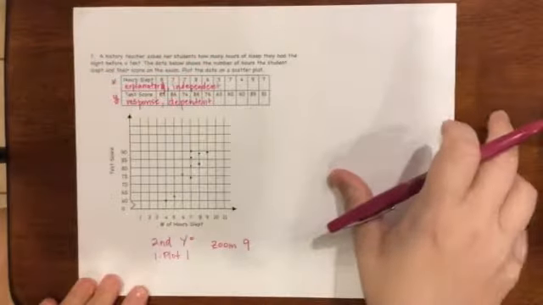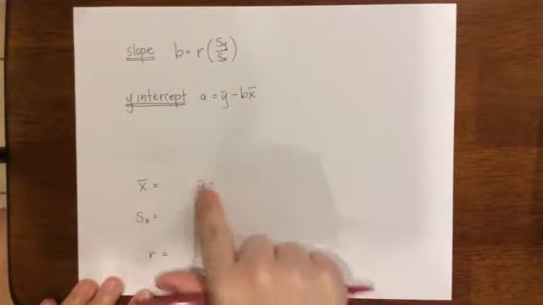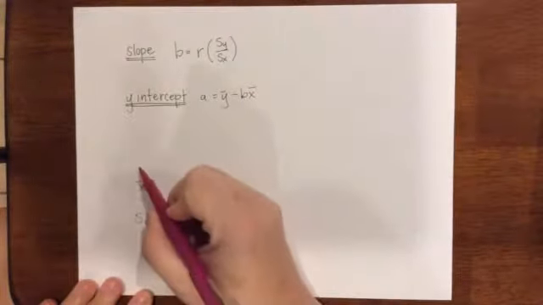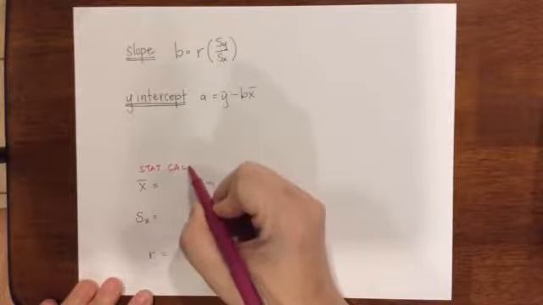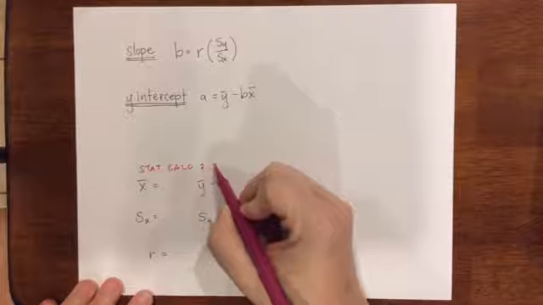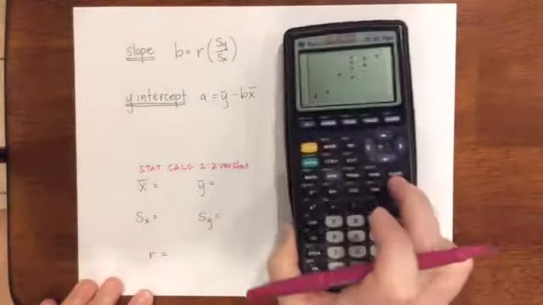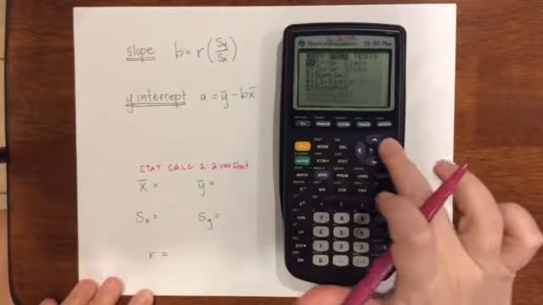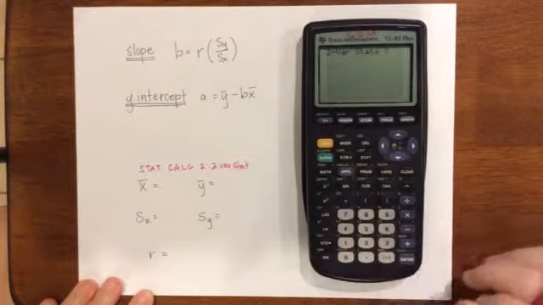In order to do so, you need statistics. And just like in my last video, I showed you how to get them. Let me show you one more time. So these are the statistics I need. To get these statistics, I'm going to go to Stat, Calc, 2. And then depending on your calculator, it might prompt you for list 1, list 2.